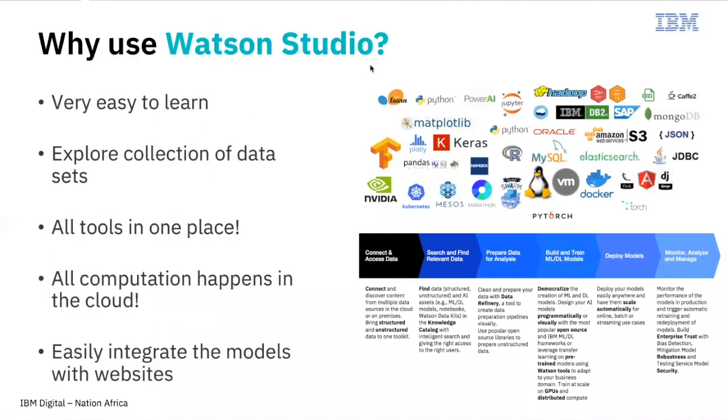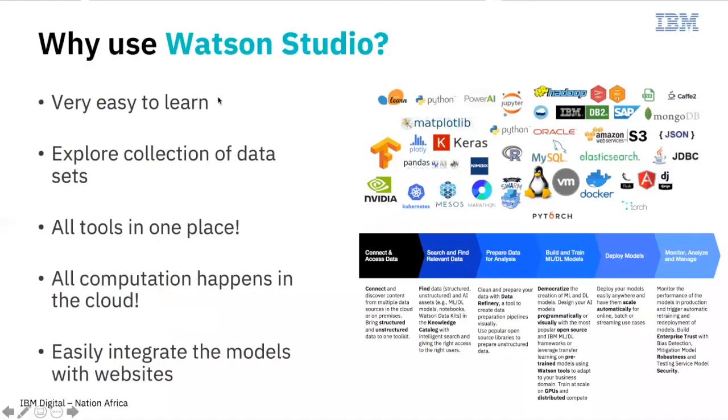Why should we use Watson Studio? By using IBM Watson Studio, you can choose the tools you need to analyze and visualize data, to cleanse and shape data, to ingest streaming data, or to create, train, and deploy machine learning models, which is what we will be doing today. You can use this single platform for all the things that I've mentioned. It is very easy to learn.